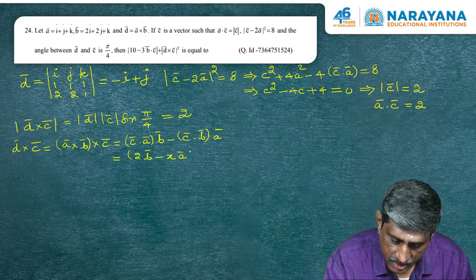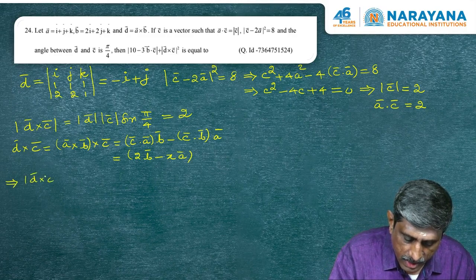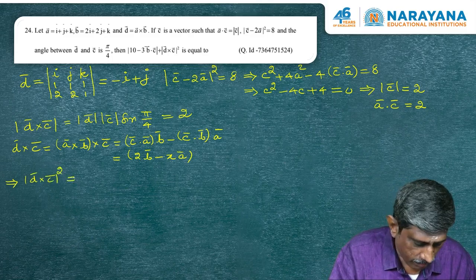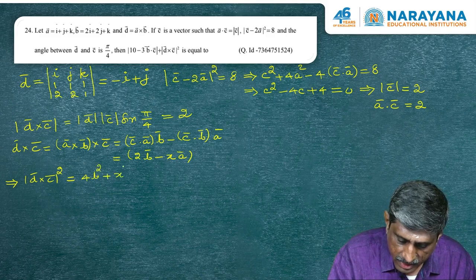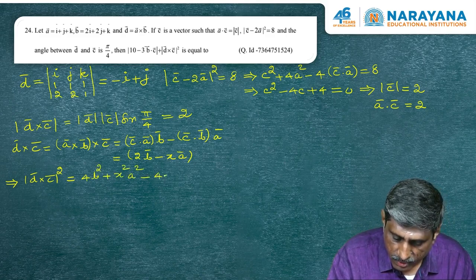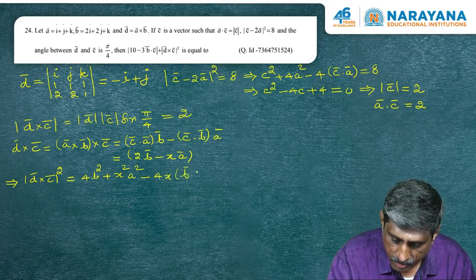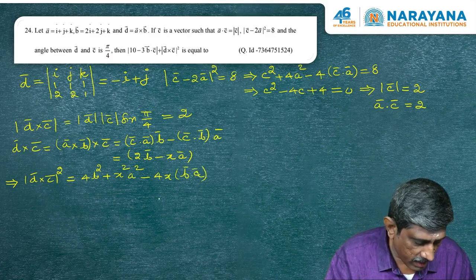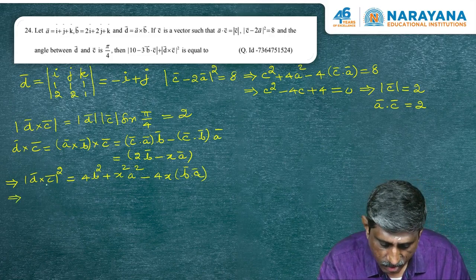So, x into A bar, and when you write modulus of D cross C whole square, it is equal to 4 B square plus x square into A square minus 4 times of x into B dot A or A dot B. When we simplify this, modulus of D cross C, already we have calculated it as 2.